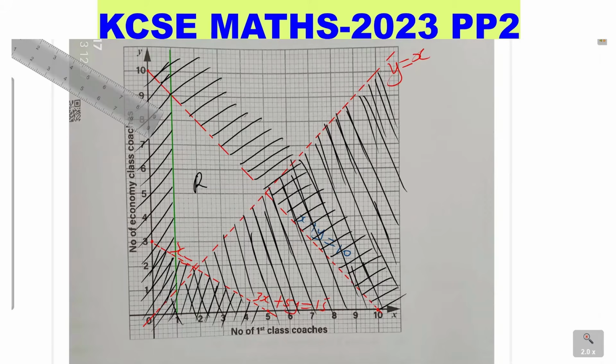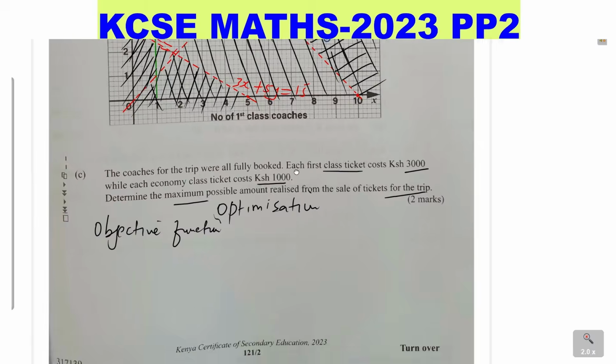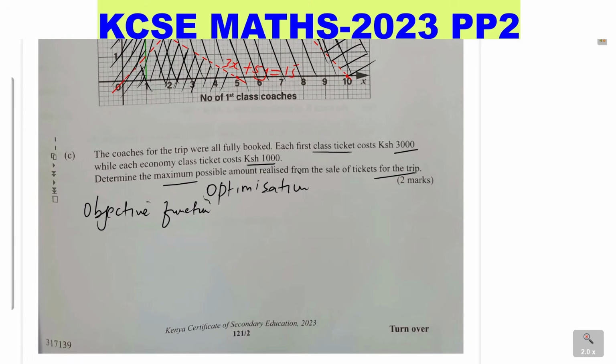So in order to get the profit, the objective function is what you're getting right now. We have X number of coaches for the first class, each coach carries 72 passengers, and each passenger, that is for each ticket, pays 3,000 shillings. So that represents the amount of money obtained by the coaches for the first class.